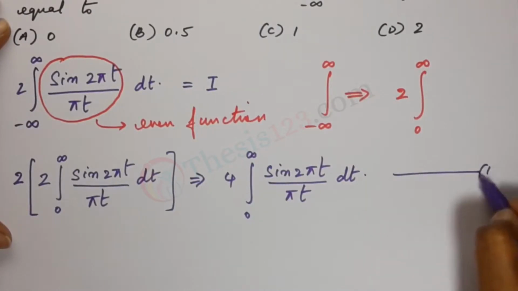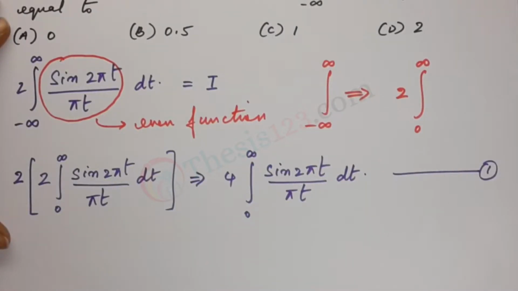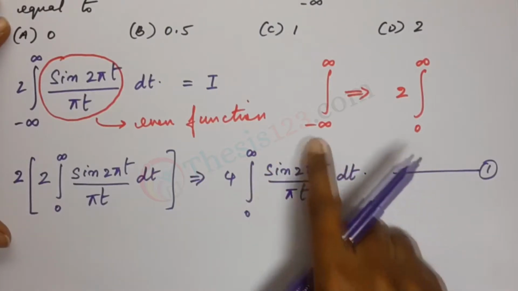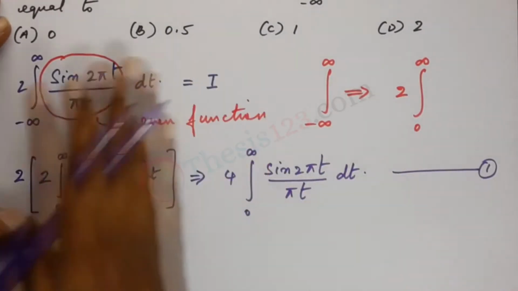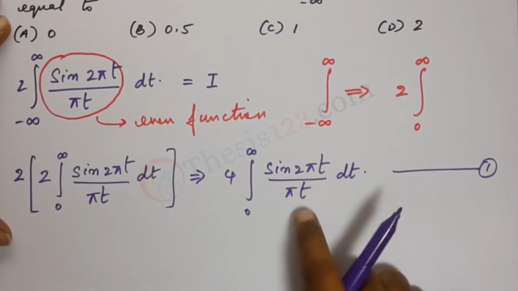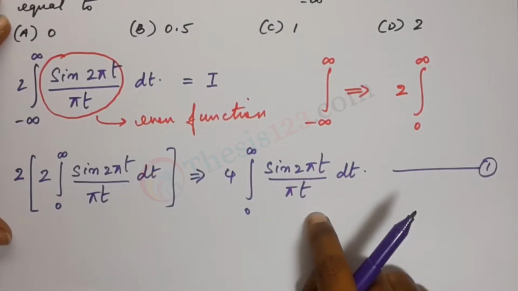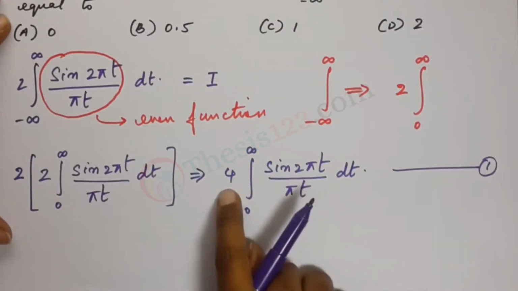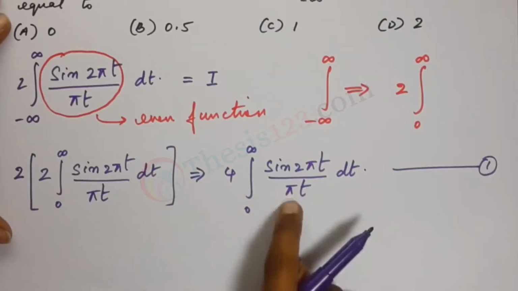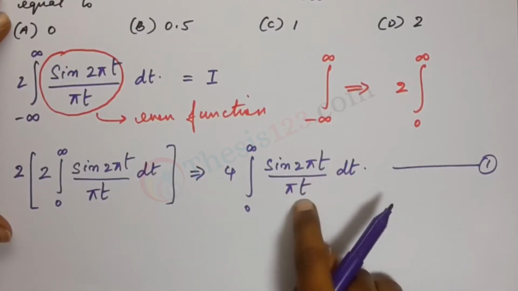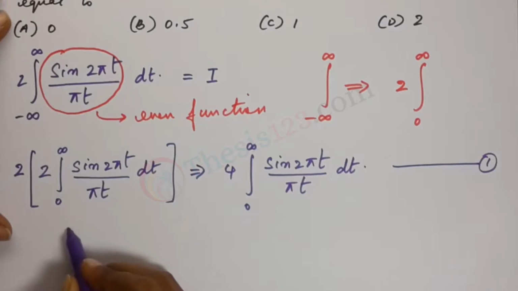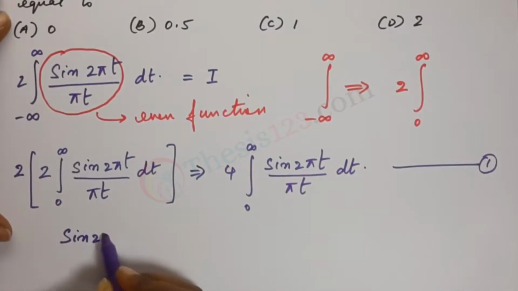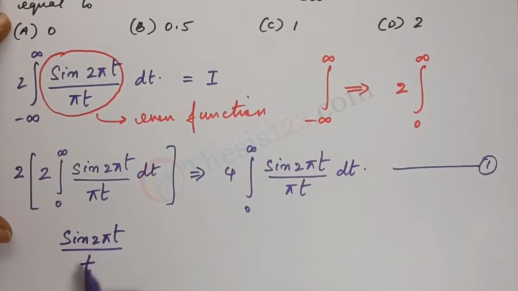Let's write this as equation 1. Now we'll take the part inside, apart from the integral, sine 2 pi t by pi t. Let's take pi outside, and just consider sine 2 pi t by t.